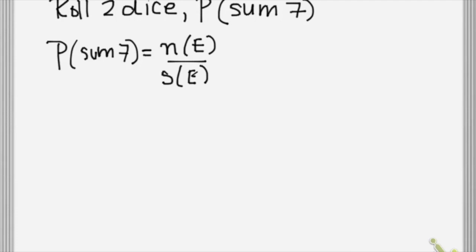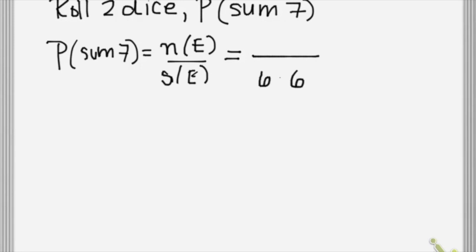Well, let's take a look at what it looks like to roll 2 dice. Let's start off with the number of possible outcomes. So that's a fundamental counting principle problem, right? There's 6 ways for one of them to come out, and then there's 6 ways for the other one. So it's going to be a total of 36 possible outcomes.